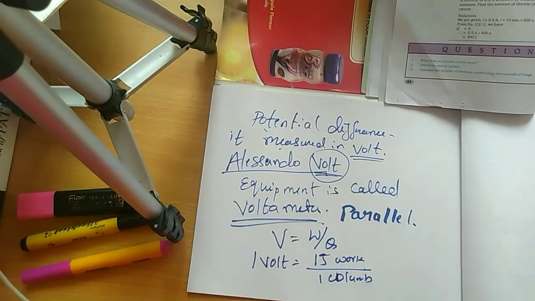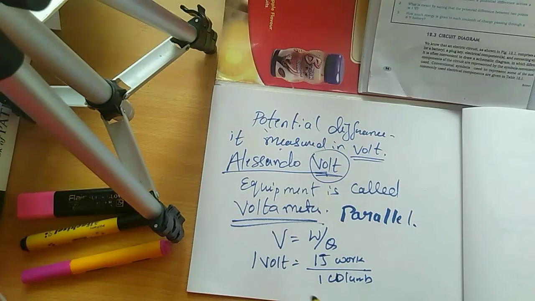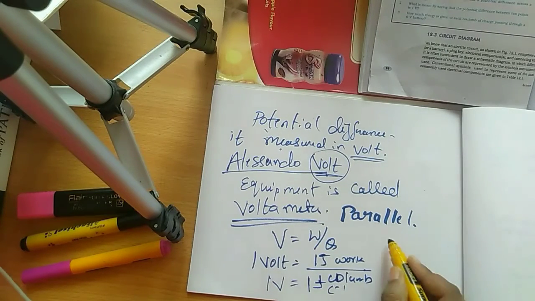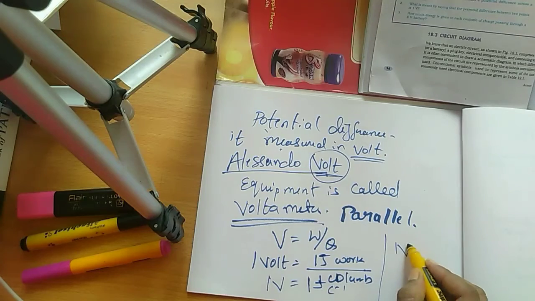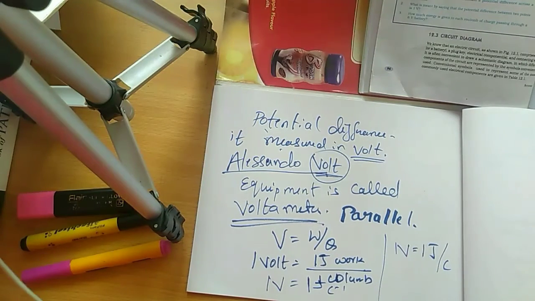Okay, one example they gave, a numerical problem. 1 volt is equal to what? 1 joule per coulomb. You can write the formula like this also.